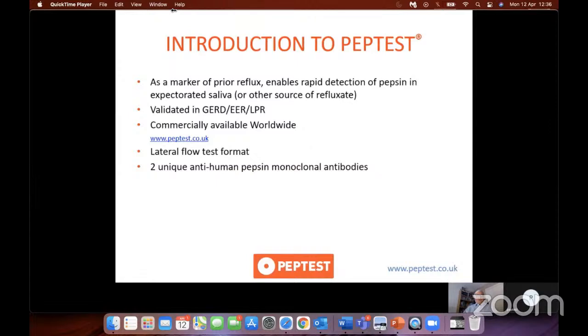It's commercially available now worldwide, and it's based on a lateral flow test format. And obviously lateral flow tests are very much in the news these days. And the lateral flow format contains two very unique anti-human pepsin monoclonal antibodies.